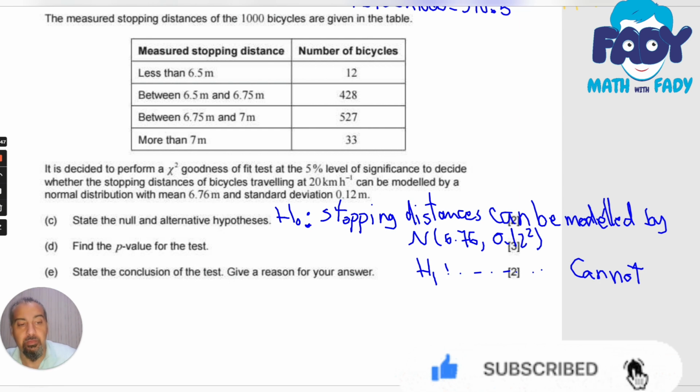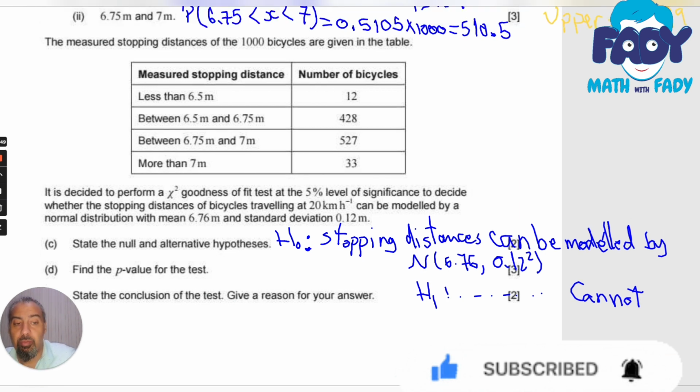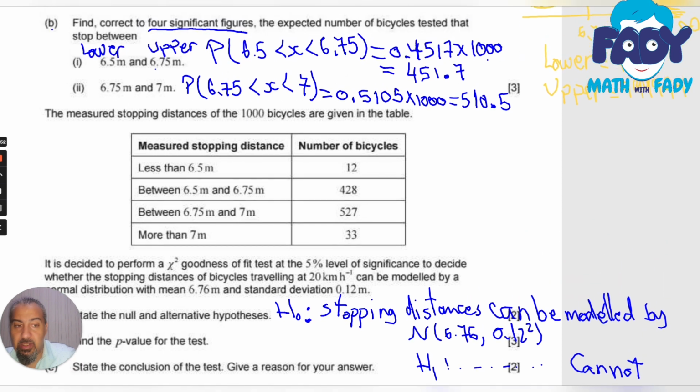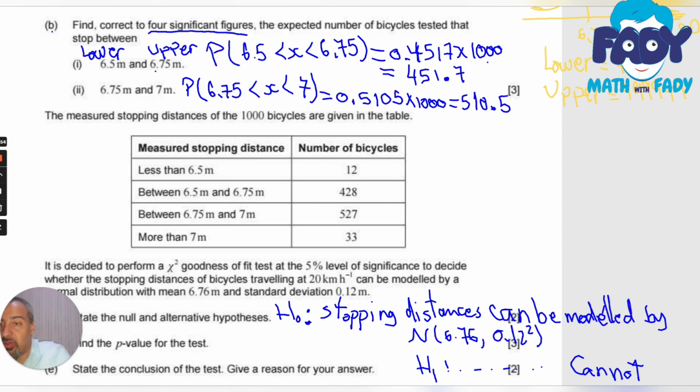Here, in order to perform this, all what we have now is the observed values.